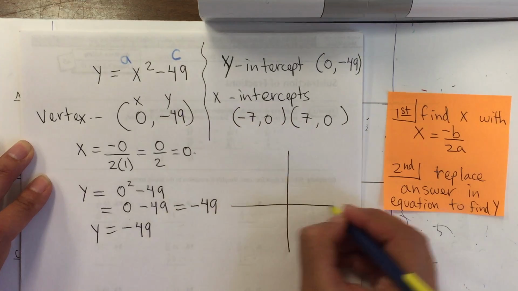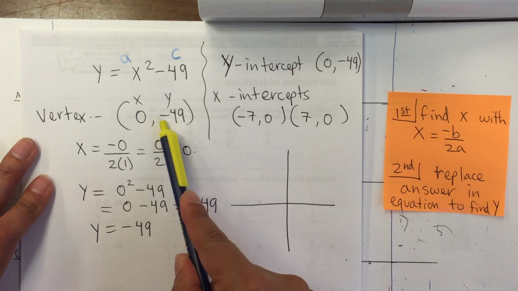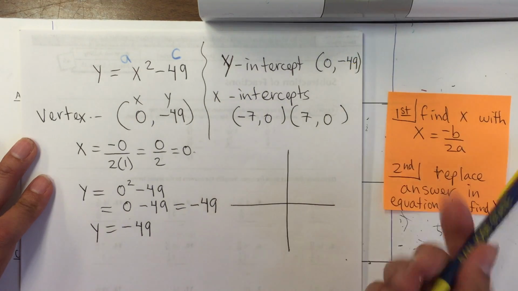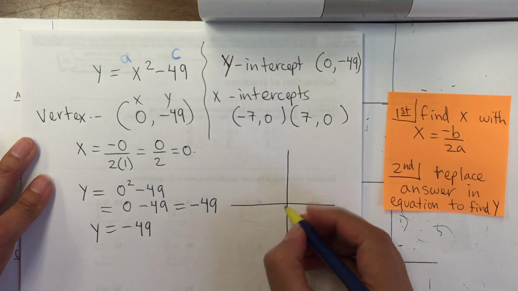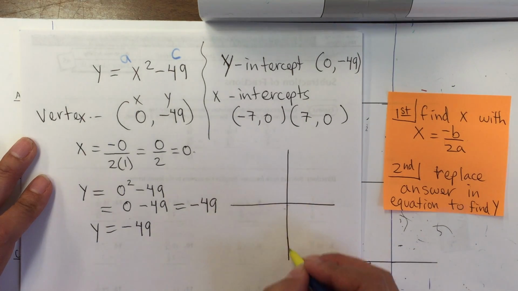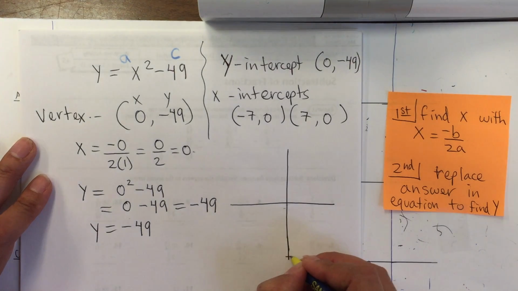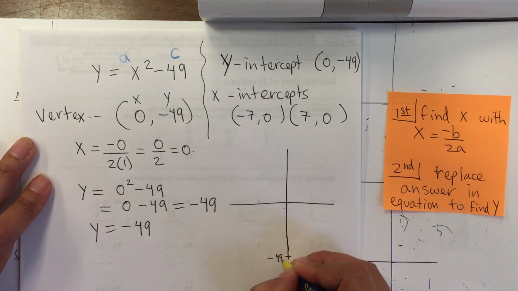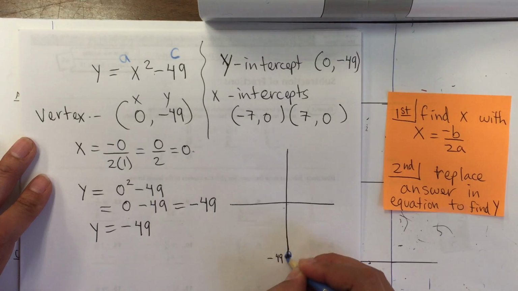I'm ready to sketch. What do you notice about the vertex and the y-intercept? Yep, they're the same. And we're not going to be able to do -1, -2, -3, because otherwise it will be a long graph. It's just a sketch, so just calculate a little longer than the 7. So your vertex will be here.